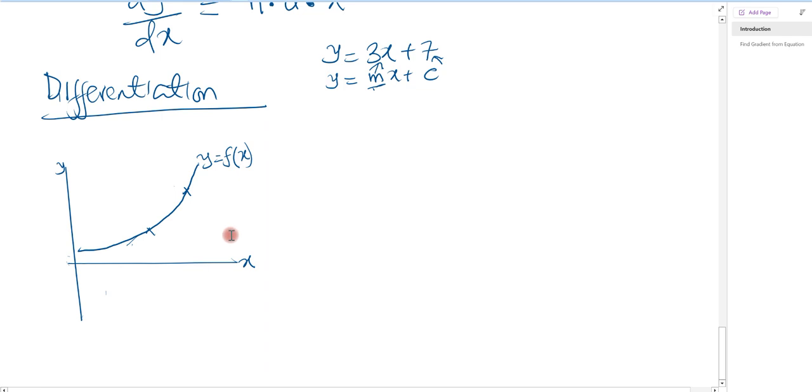So in this case, how do we compute the gradient? We can't talk about the gradient of the curve as a whole, but we can say that at this point the gradient of this line is, for example, 2. At this point it is maybe 3. At this point the gradient is 5.